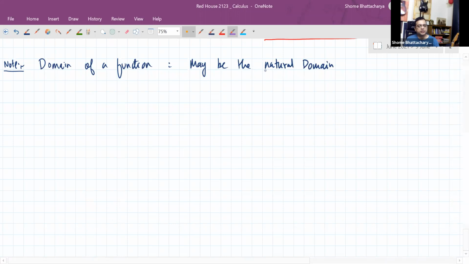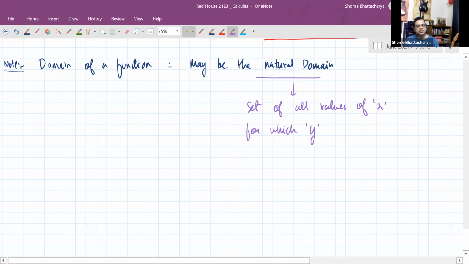So what is the natural domain? It is the set of all values of x for which y is real. The example of that was this one, a natural domain.